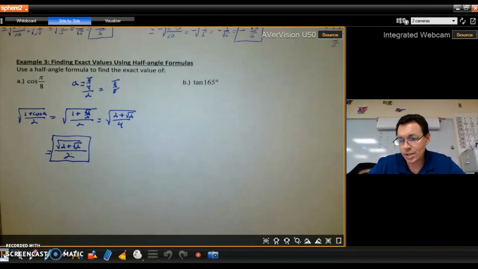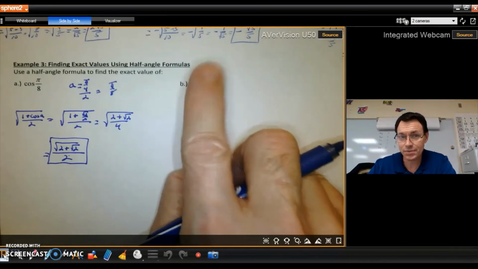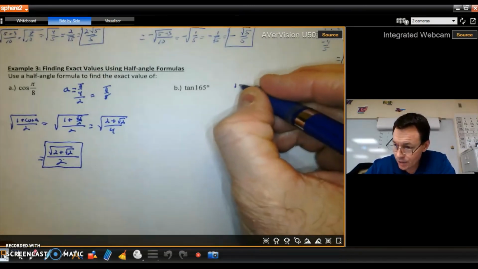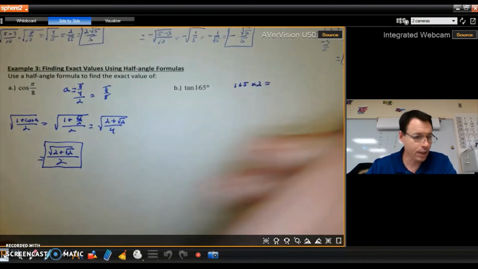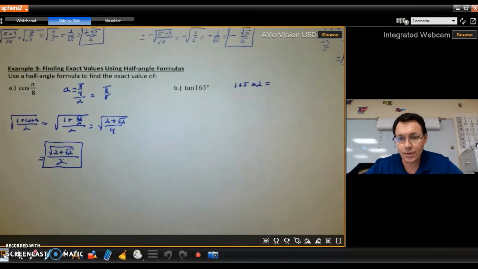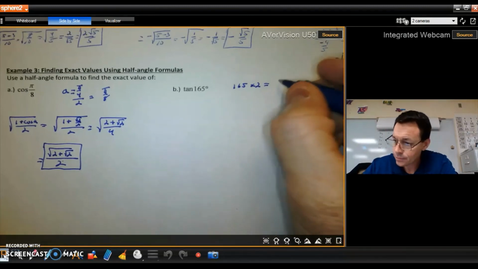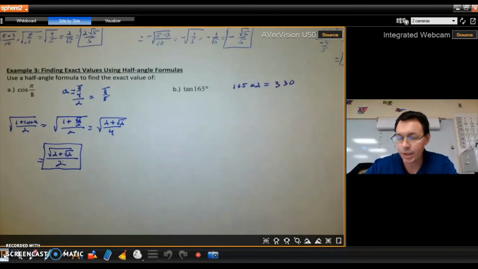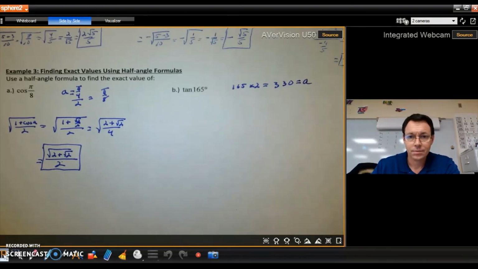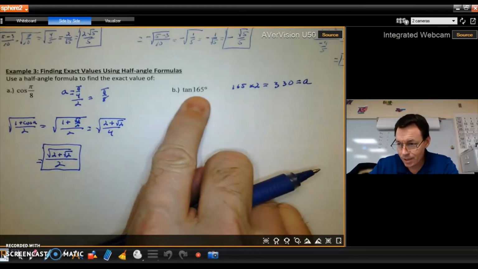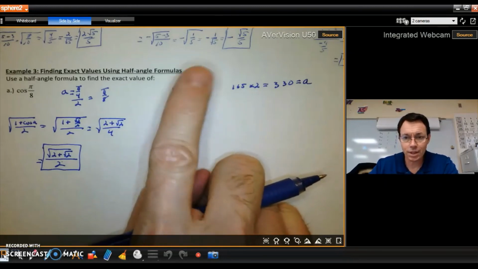It says, what is the tangent of 165? And again, they're telling us to use a half angle formula, which means this angle is half of something. If you take 165 and multiply it by 2, what do you get? Well, grab a calculator if you need to. 165 times 2 would be 330. So this is the alpha angle that this is the half angle of.